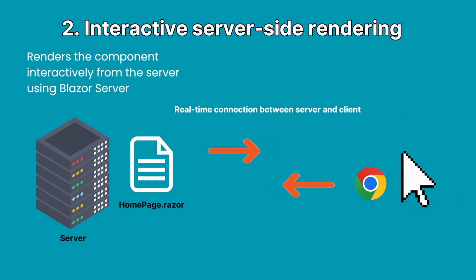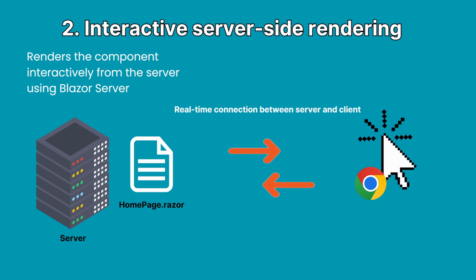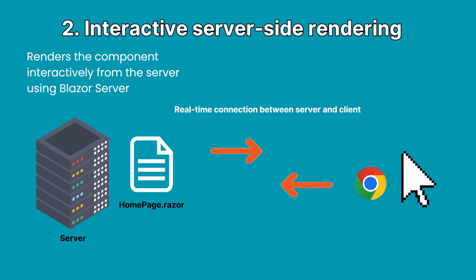Also, one thing you have to know is that with this particular mode, it may not always be good if you are doing this at scale. A little bit of server performance hit may be taken because of the real-time connection.